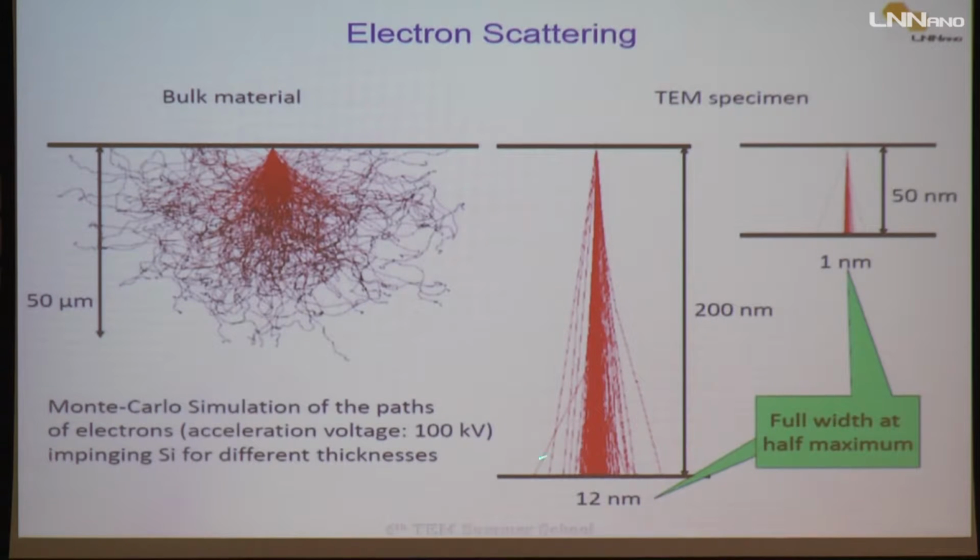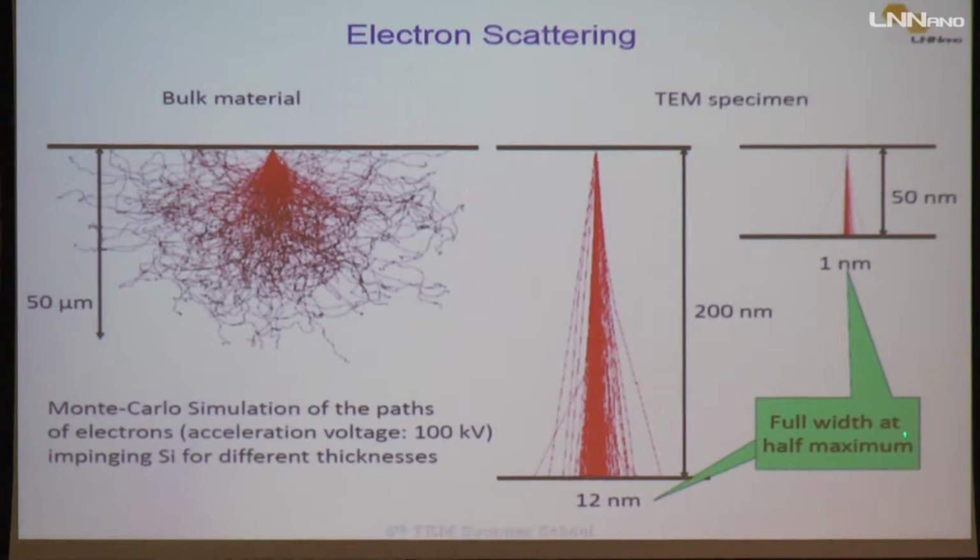You can see that the scattering of the electron beam will cause the electron beam to open, to scatter, okay, and the full width at half maximum with a sample of 200 nanometers will be 12 nanometers, and with a sample of 50 nanometers you have just 1 nanometer, okay? And then I can ask you, which sample do you prefer to have a very high resolution?